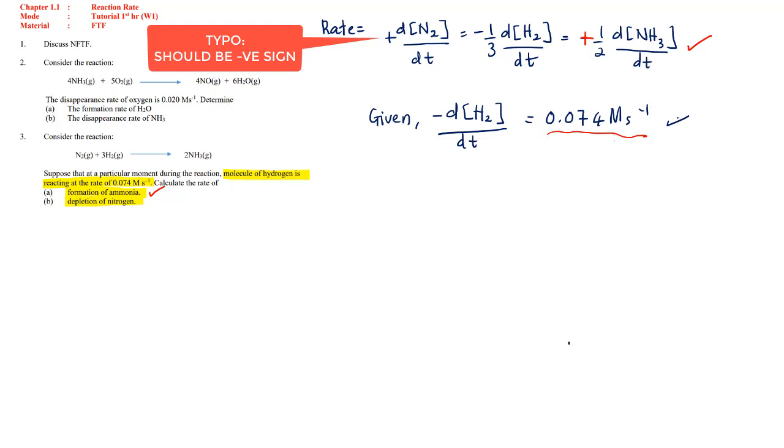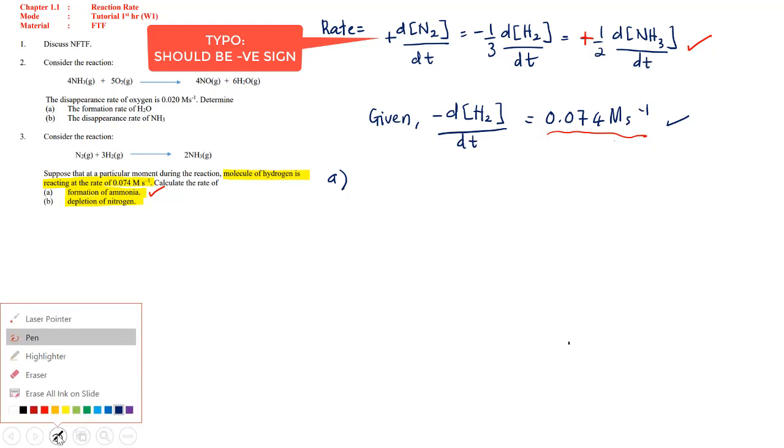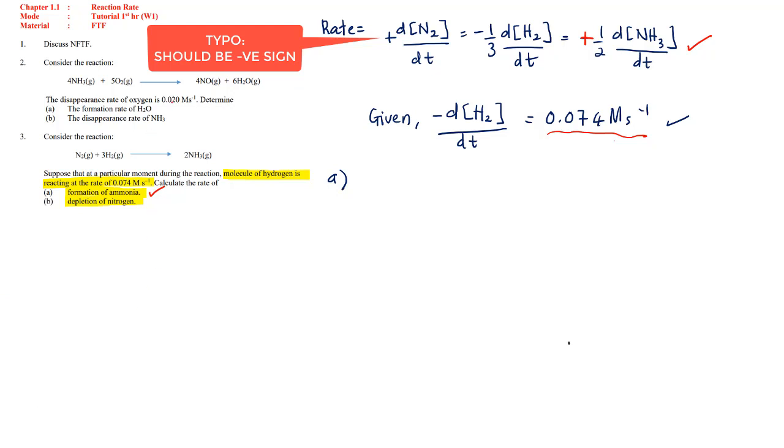So that is the rate of the disappearance of hydrogen gas. Equation A, you are going to determine the rate of formation of ammonia. So, compare from the differential rate equation.